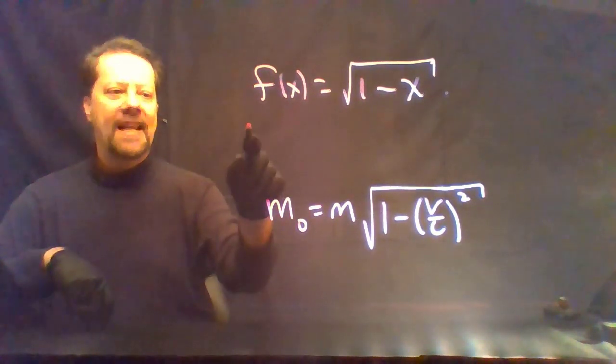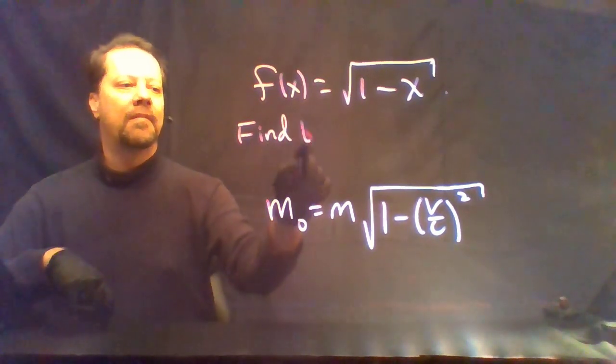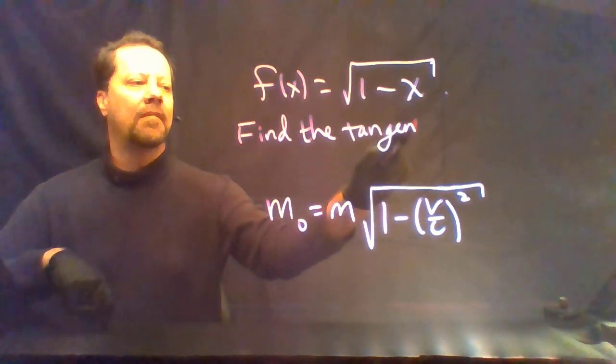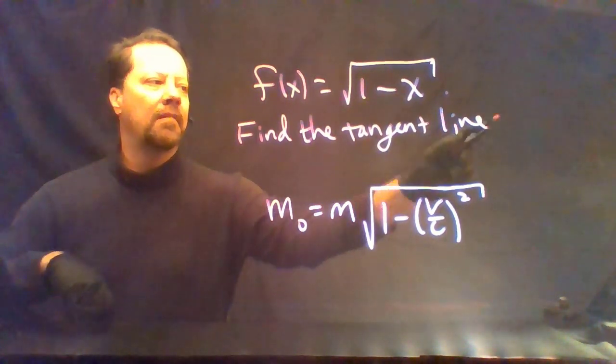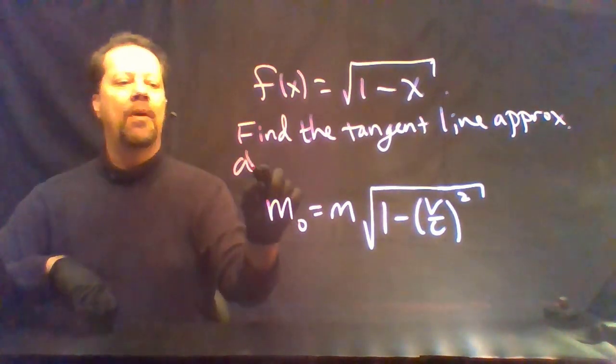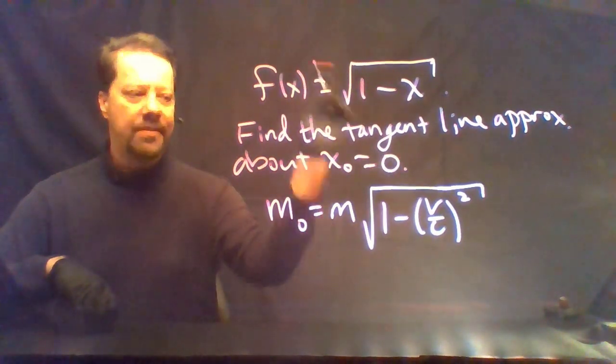I want to find the tangent line approximation about x naught equals 0.